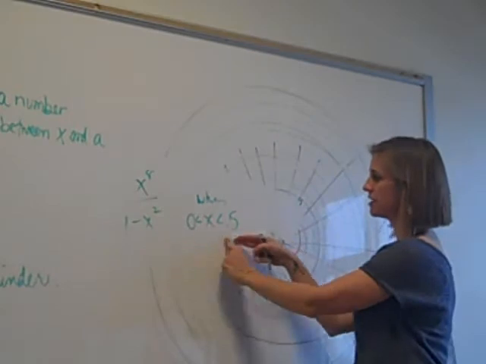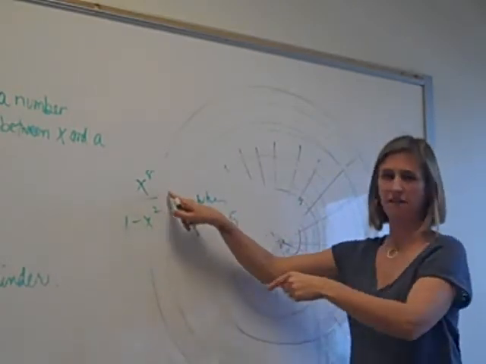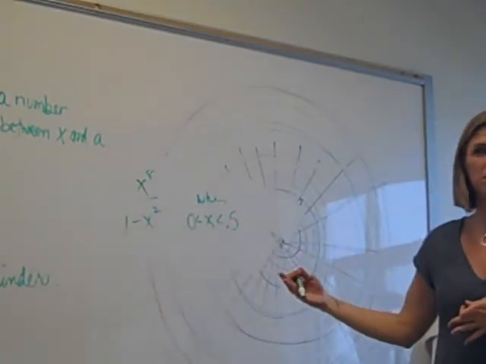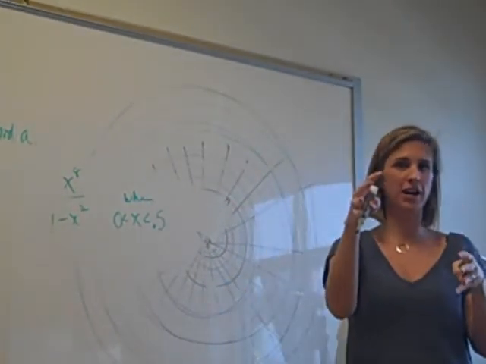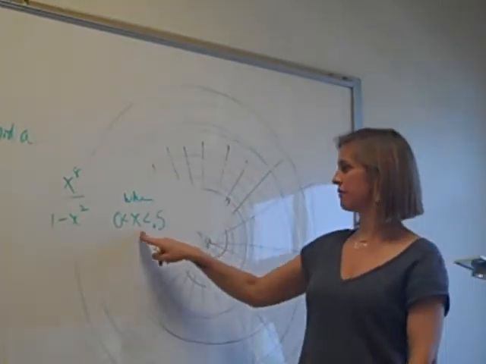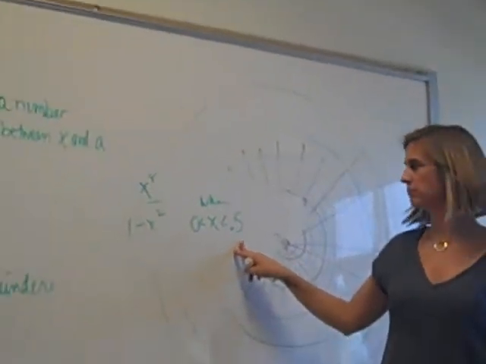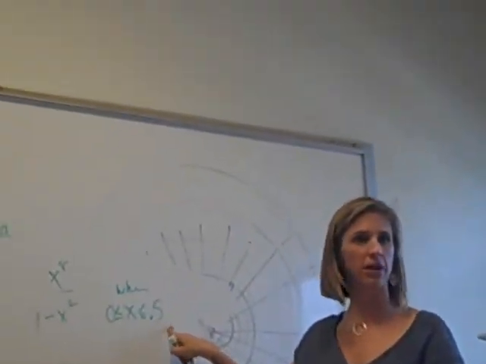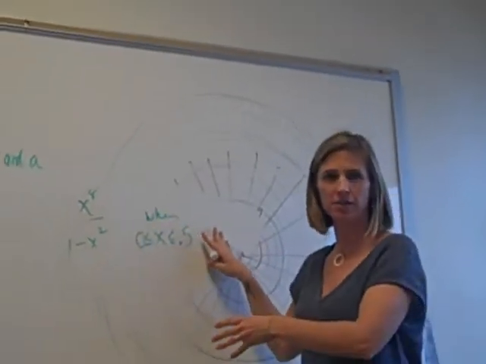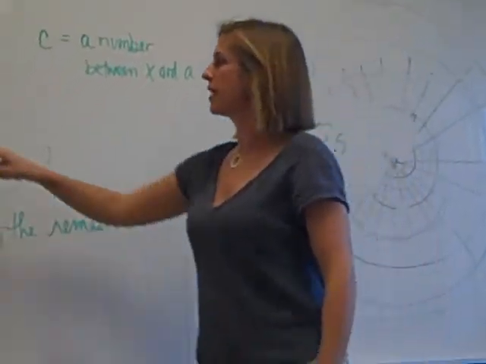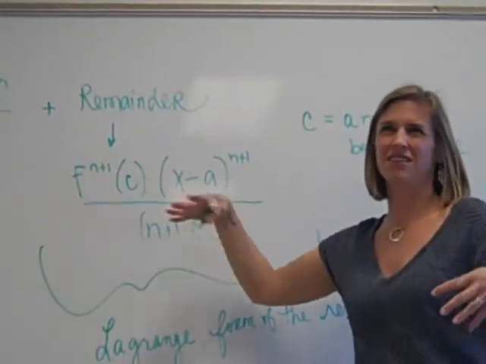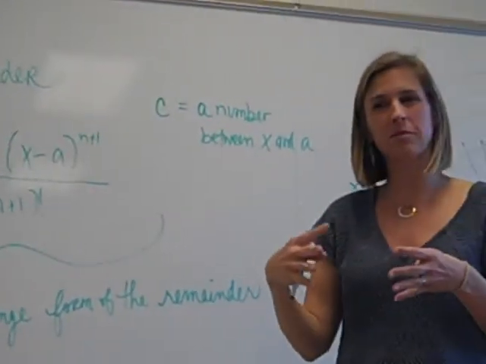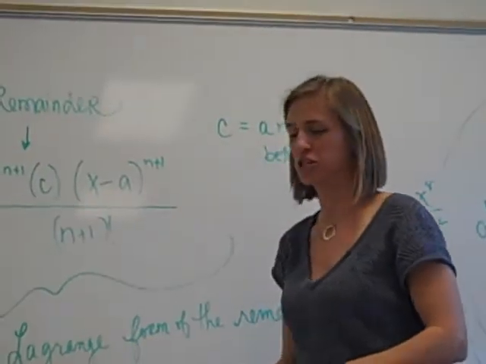There are obviously a ton of different errors from 0 to 0.5. They're going to want you to find the biggest possible error. So what would I plug in? 0.5. I plug in 0.5, and that gives me the biggest possible error for that problem. That's why c can vary: I'm going to choose the number that gives me the biggest possible error.